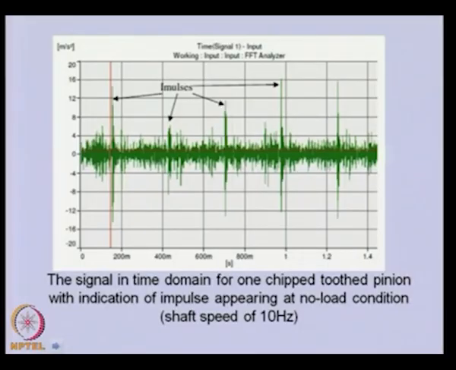This is a typical time domain signal. Generally, a time domain signal is very difficult to analyze, but in this particular case, this is the signal in time domain for a chipped tooth pinion.